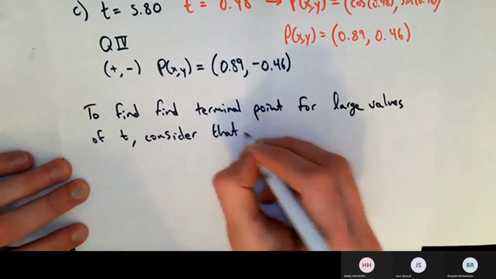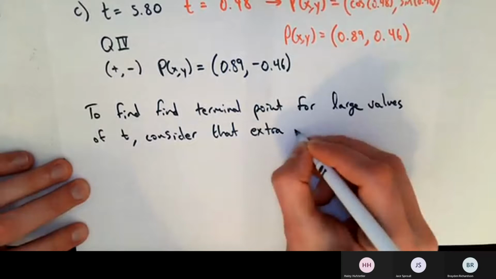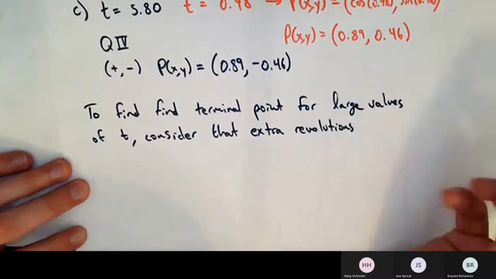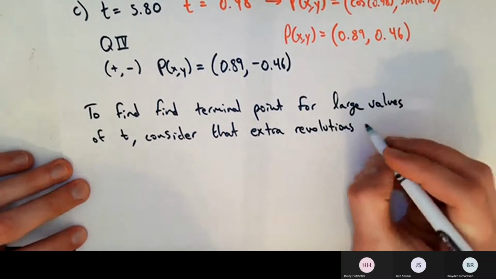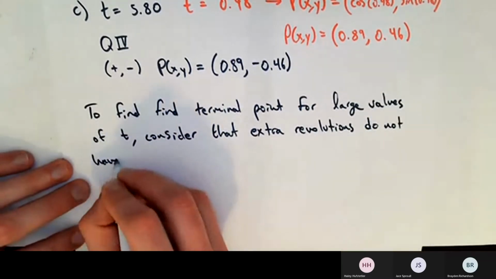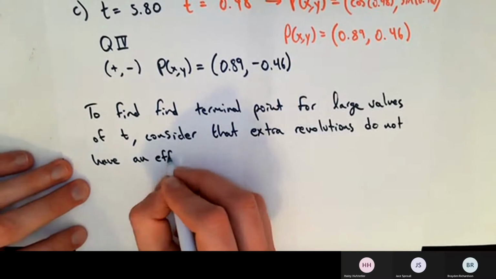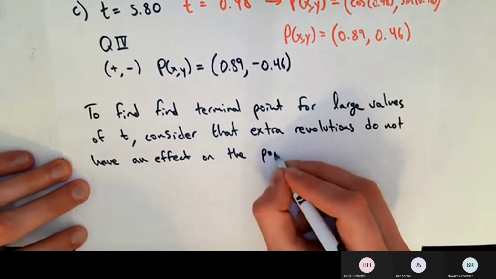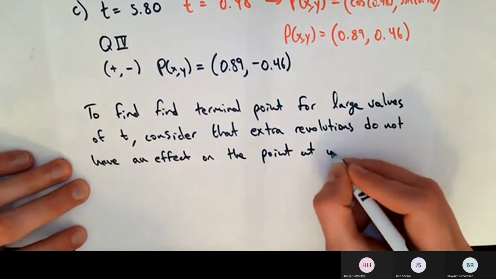Consider that extra revolutions, or rotations, you could say, do not have an effect on the coordinate point at which t lands.